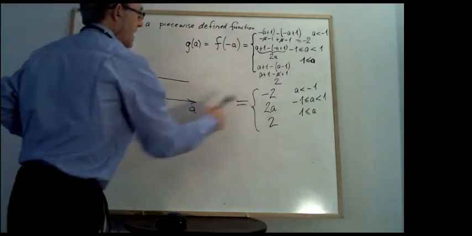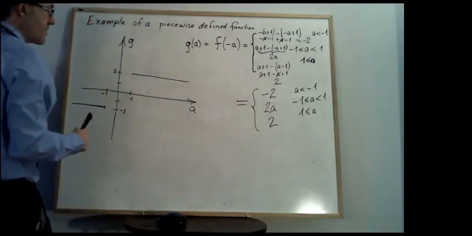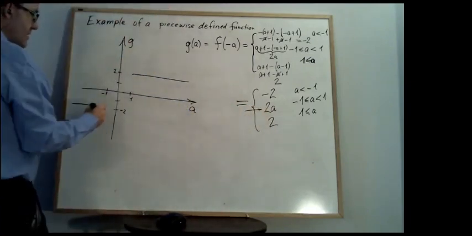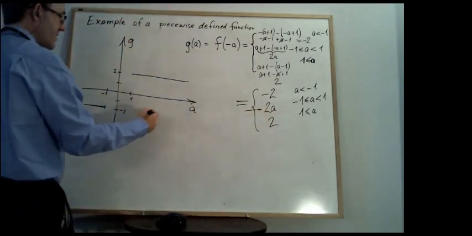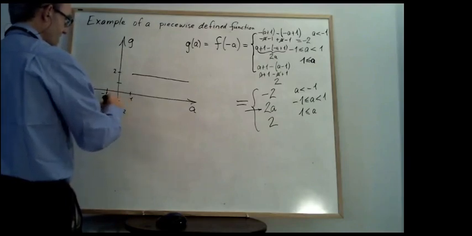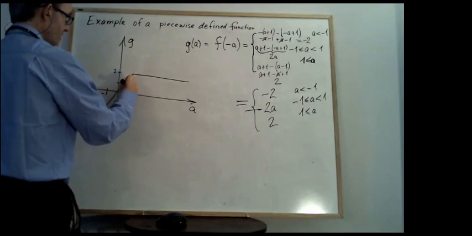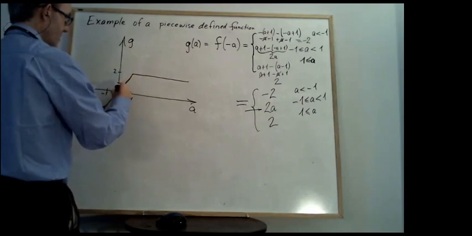Now what happens between those two, the middle one? It's 2a, so that's the function, it's like 2x. It's the linear function with slope 2 passing through the origin.